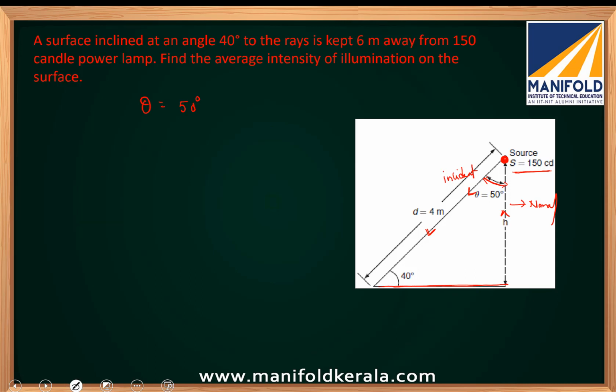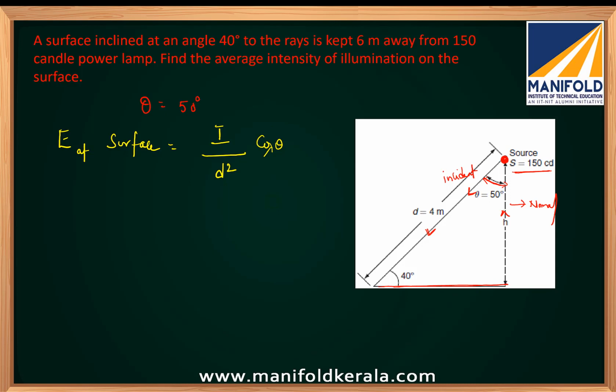Now, the illumination at the surface is given by the luminous intensity of the lamp divided by d square into cos theta, where d is the distance from the lamp to the surface, given as 4 meter.